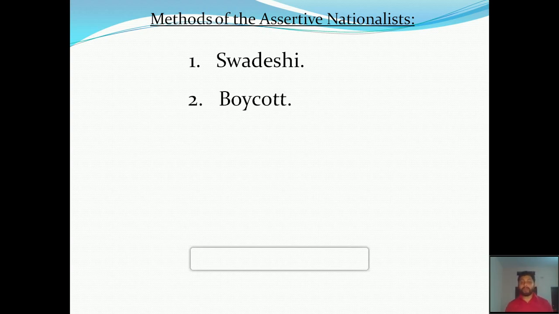It was also a movement and an ideology introduced by the assertive nationalists. Third one, national education should be given all over India. That means it was not limited to a society or a group, rather the whole people of the country should be educated. It was another ideology or method introduced by the assertive nationalists.